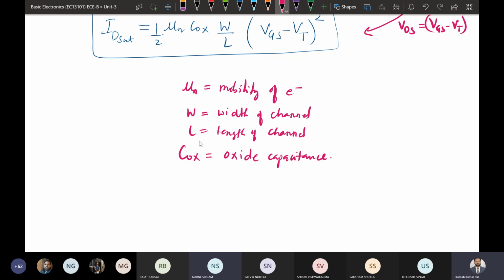Cox is given by epsilon ox divided by Tox, where epsilon ox is the permittivity of the oxide layer, SiO2, and Tox is the thickness of the oxide.